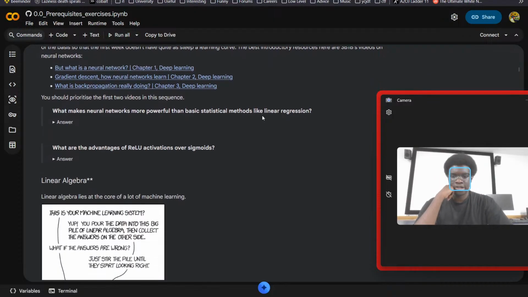So let's try answering the question. What makes neural nets more powerful than basic statistical methods like linear regression? Neural nets are better than linear regression specifically because they can learn non-linear functions. In general, linear regression is not a universal function approximator, whereas neural networks are. I guess that's a sufficient answer.